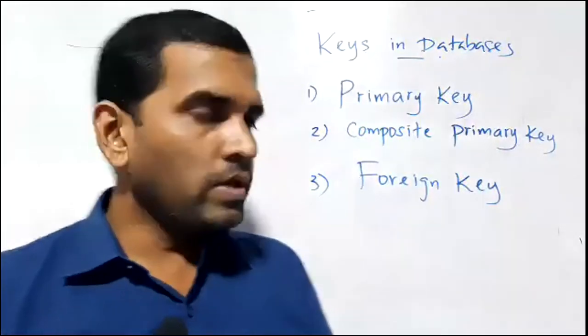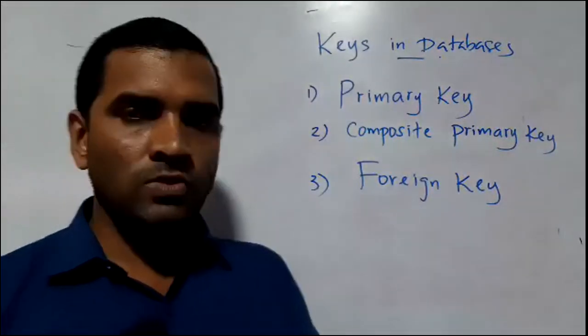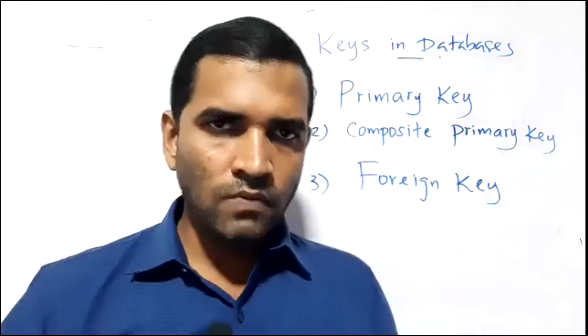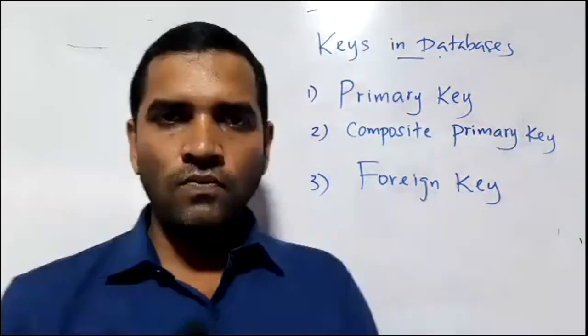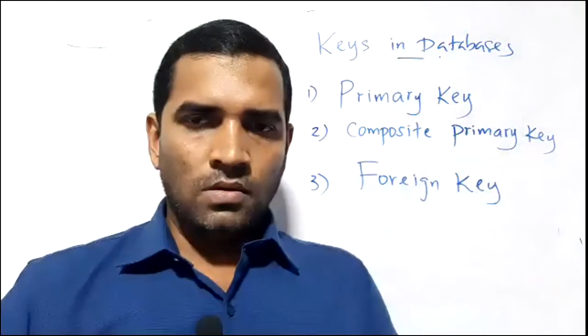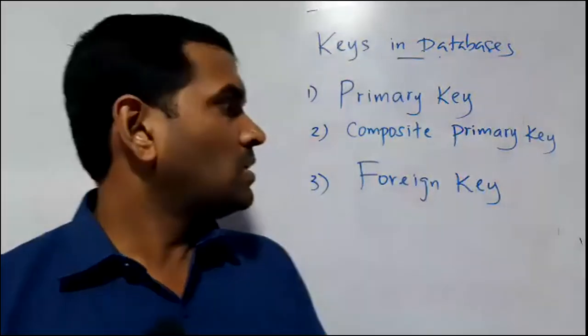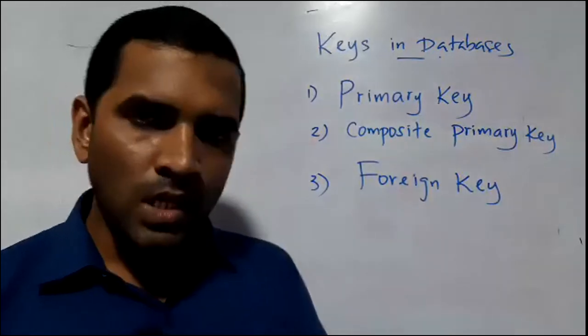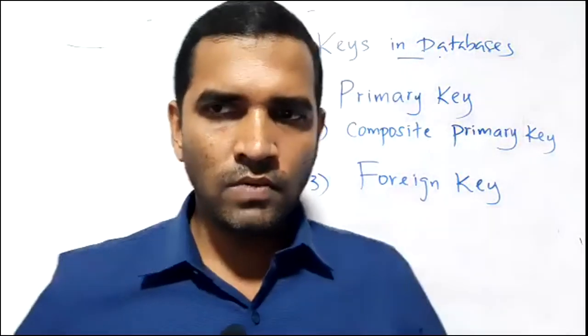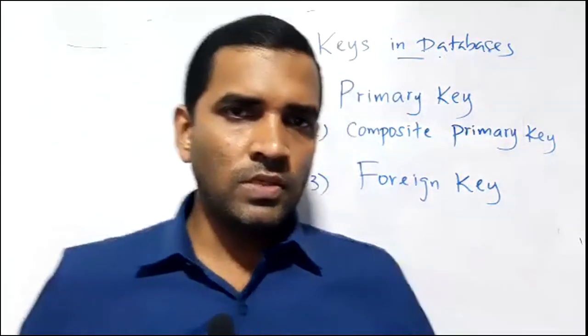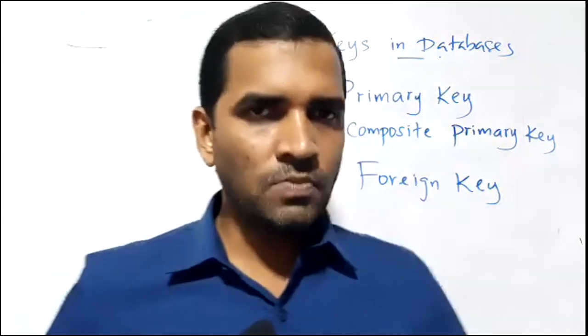So now we need to take them one by one. We should understand the term primary key first, and then composite primary key, and finally foreign key. It would be better if I start them in the next class, in a fresh class, because these things need some sort of explanation.